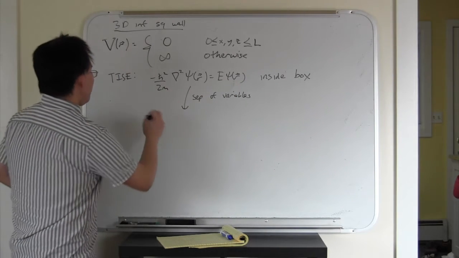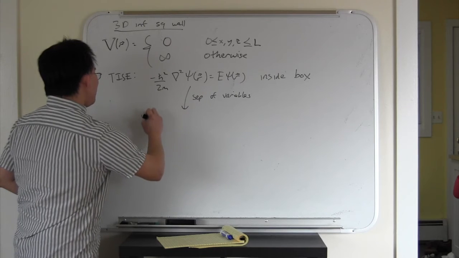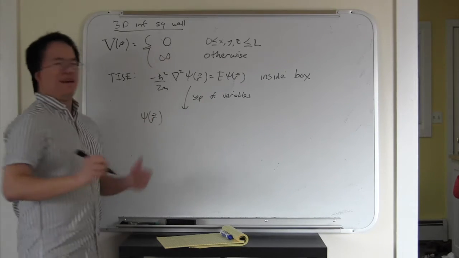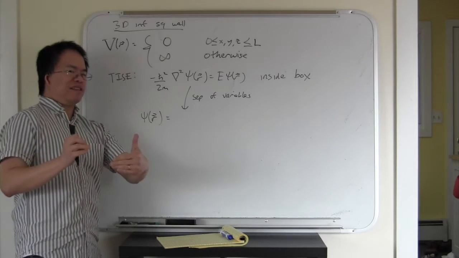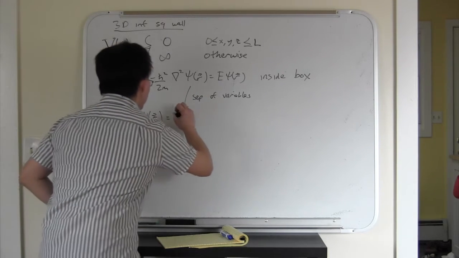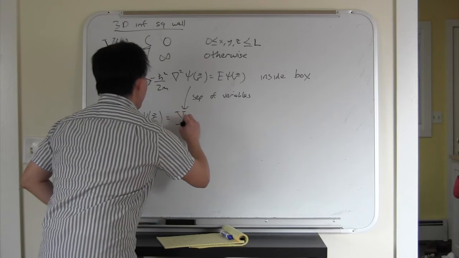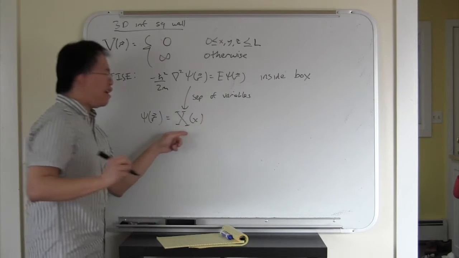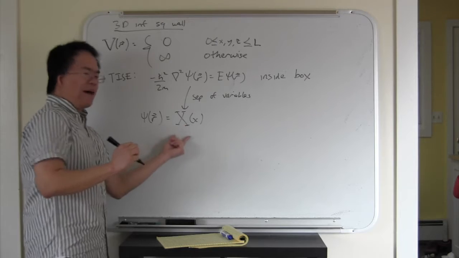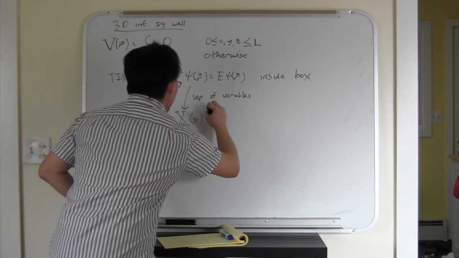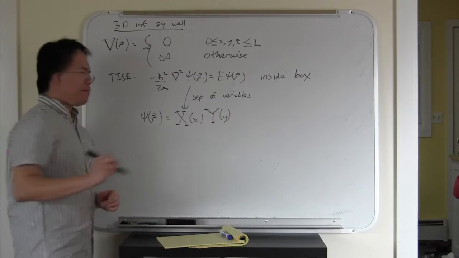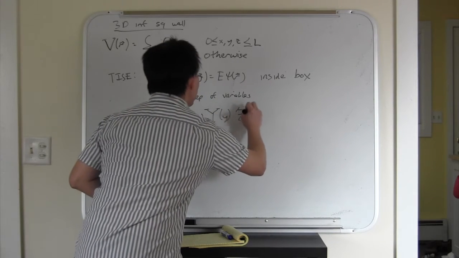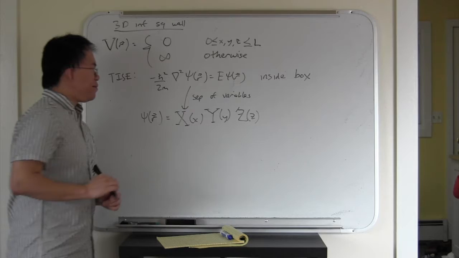What you end up being able to do is separate the wave function into a piece that depends only on x, a piece that depends only on y, and a piece that depends only on z. I'll call the piece that depends on x capital X of x, and then we'll have capital Y of y, and capital Z of z.